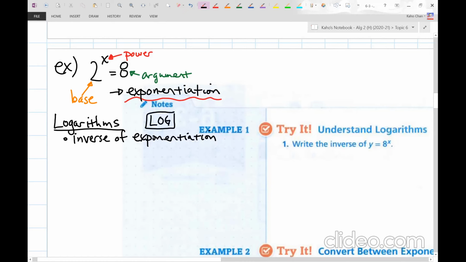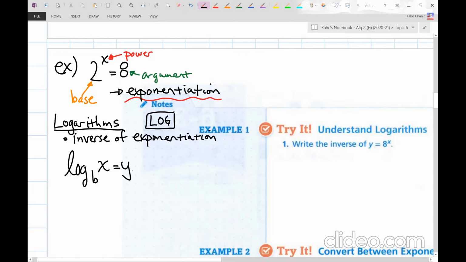Okay? Now, get ready. This is not something that's difficult to understand. You just have to understand this is another way of writing the inverse of exponents. Okay? Here we go. Logarithms are written this way: log base b of x equals y.